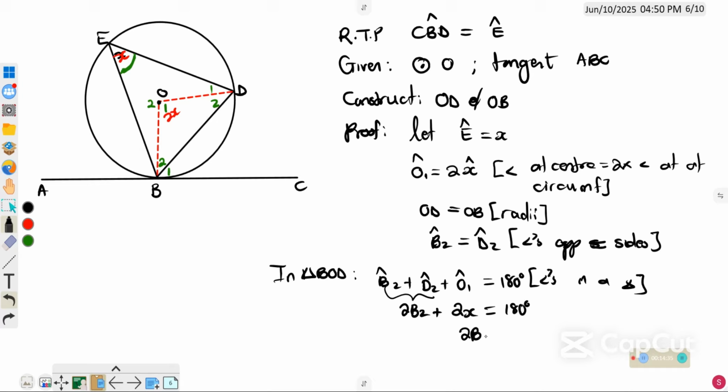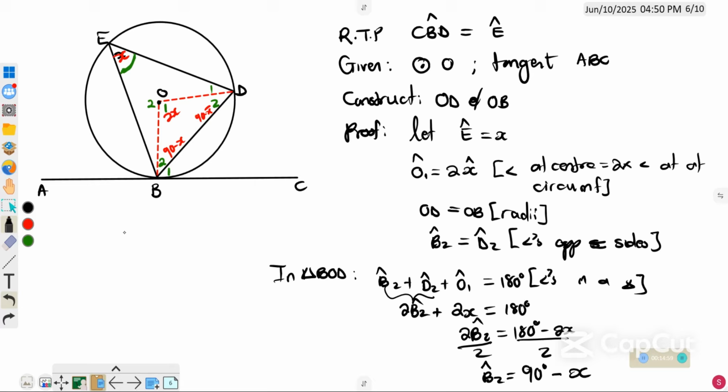Transpose that, we have 2 angle B2 is 180 degrees minus 2x. Then divide everything by 2, which gives us that the angle B2 should be equal to 180 divided by 2, which is 90 degrees, minus 2x divided by 2, which is x. So we have this angle to be 90 minus x. We have that to be 90 minus x as well.